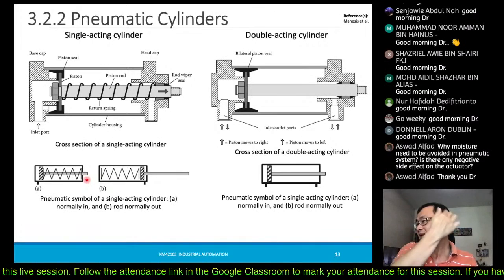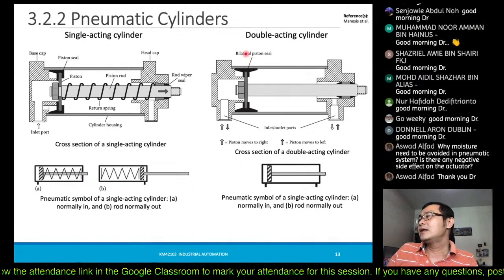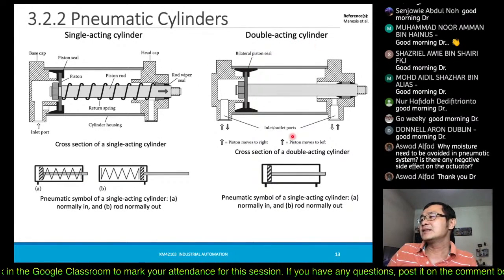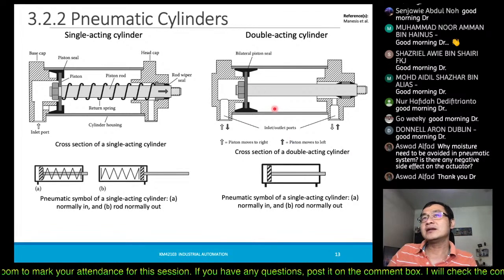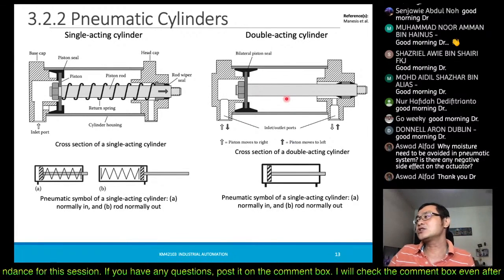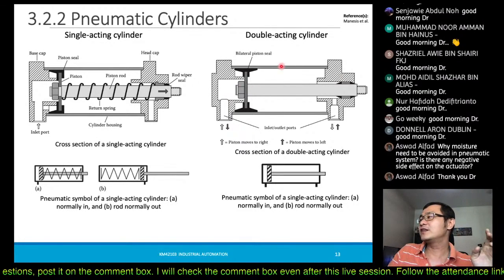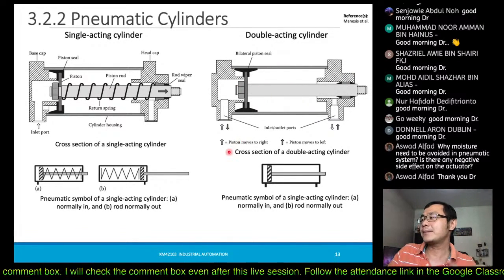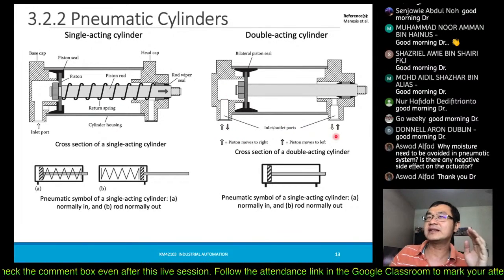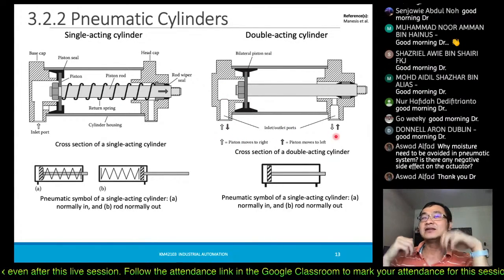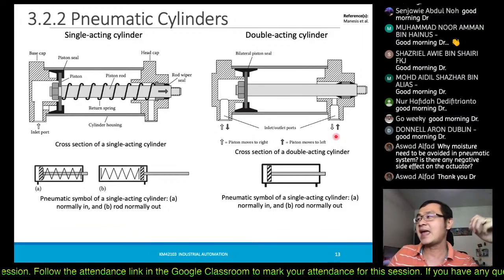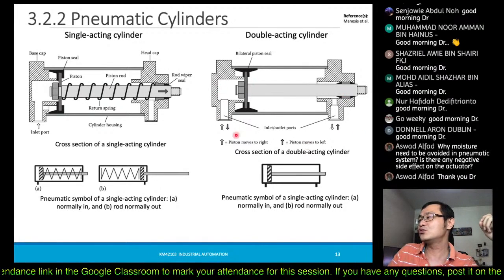Then for a double acting cylinder, we don't actually need the spring, because we are now controlling the movement of this cylinder by putting two different pressures of air into these two ports.